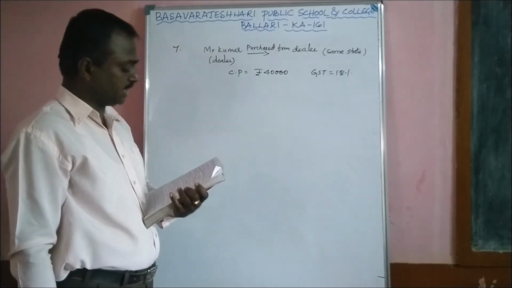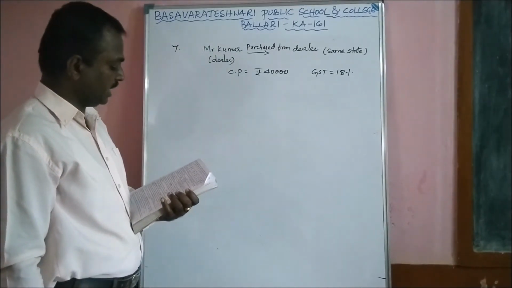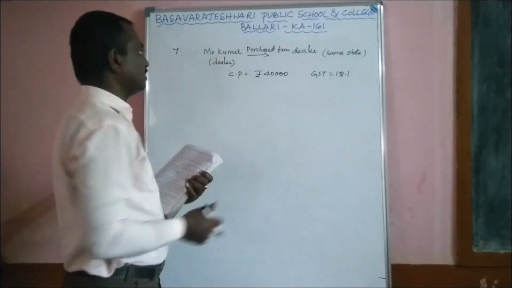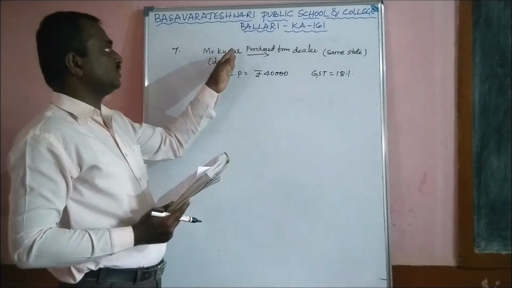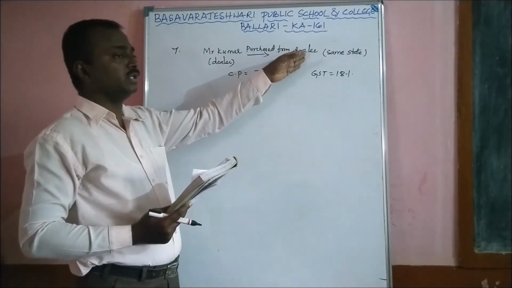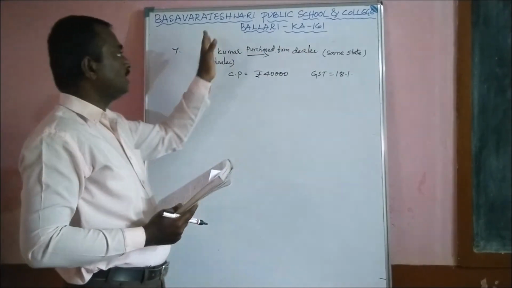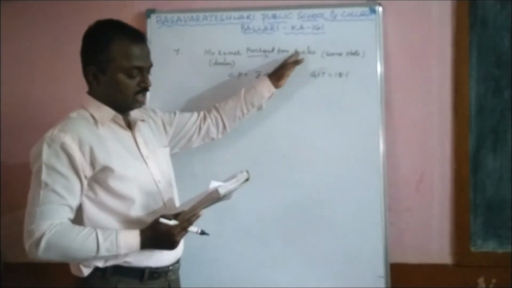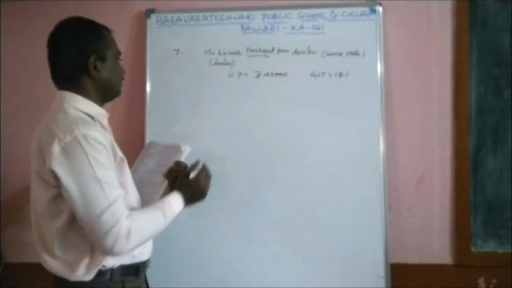Look at the input CGST and input SGST. What Kumar has purchased from this dealer means the dealer has to get some input GST from Mr. Kumar. So they are asking for the input CGST and input SGST.